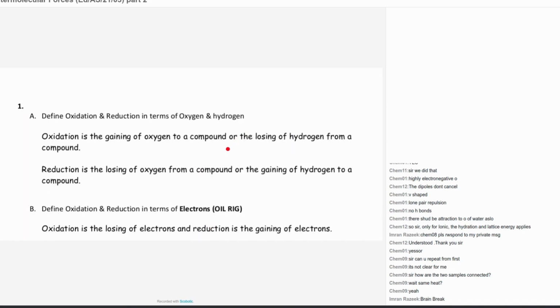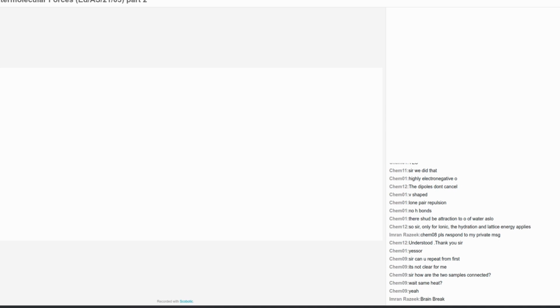The first part is mostly what we have discussed in O levels as well. As for reduction and oxidation, you can define them in terms of oxygen, hydrogen, and electrons, which we have done for O levels. So oxidation is gaining of oxygen to a species, and reduction is losing of oxygen from a species.